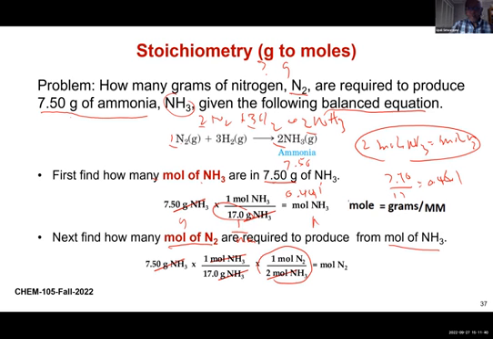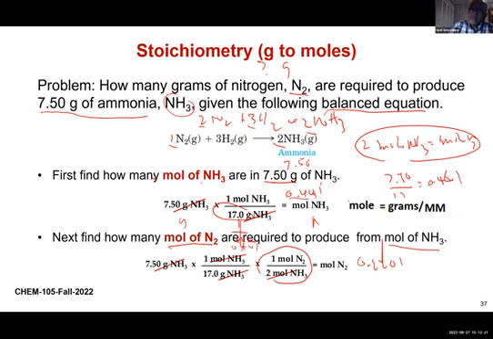This part up to here is equal to that. So it is divided by 2 now. 0.22. You can calculate yourself. That's how many moles.